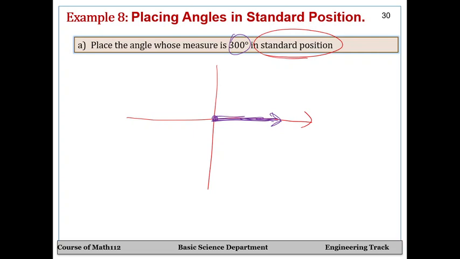So you can go with the rotation here, 90 degrees, 180, 270, and then here 30 more, so in total it will be 300 degrees. And this will be the terminal side. So this is how you do it in standard position.